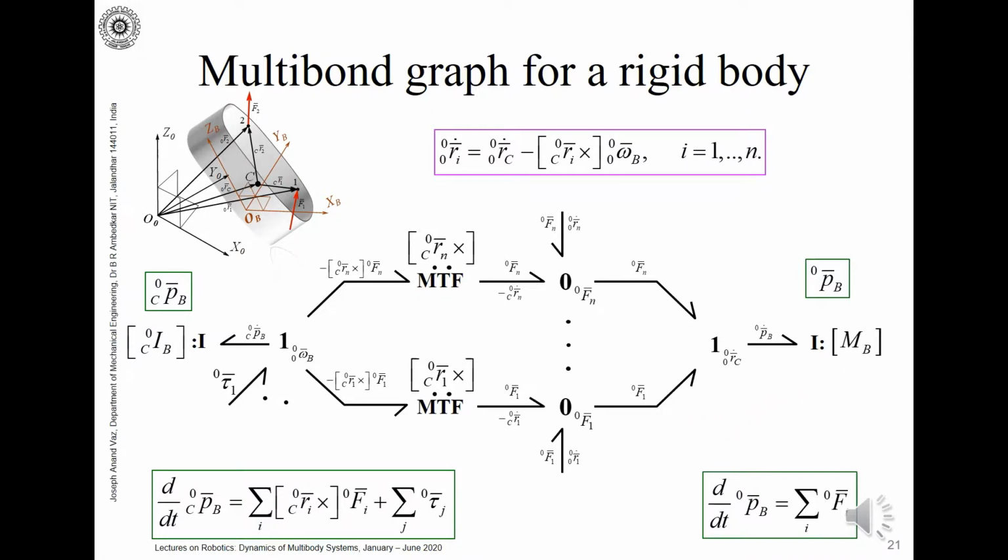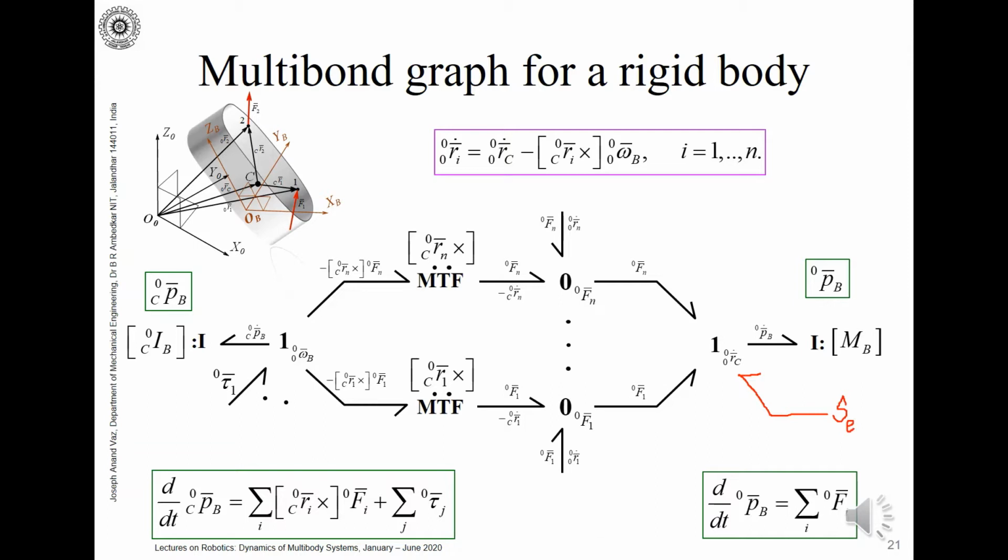So we may place here a source of effort like this. This is a multi-bond. Here in this multi-bond graph, all these bonds have cardinality of 3. So they are all multi-bonds here.